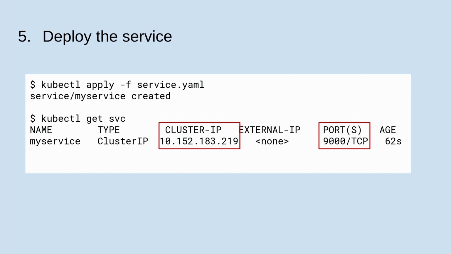Nice. I think a few people are writing their service YAML from scratch. You can just pick any port here. Okay, did you deploy the service or before the service? Before the service.